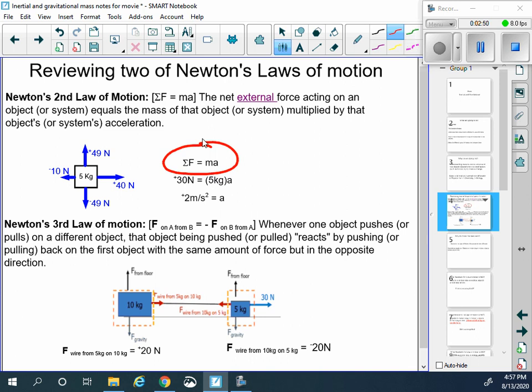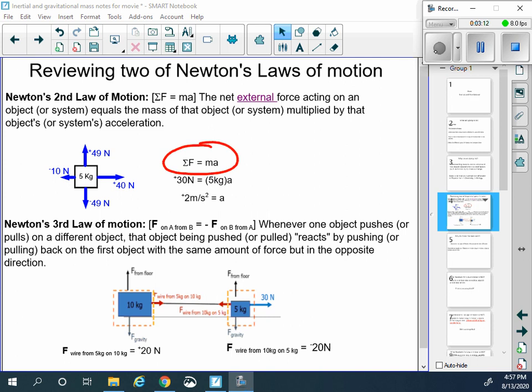So the third law is always dealing with internal forces of a system, because it takes two objects or two systems interacting on each other. So the third law, again, is all about internal forces. The second law is all about external forces.